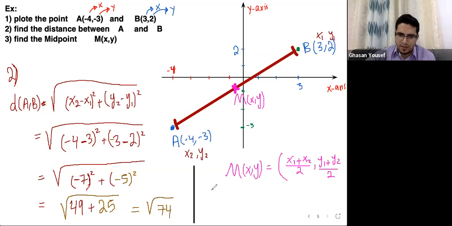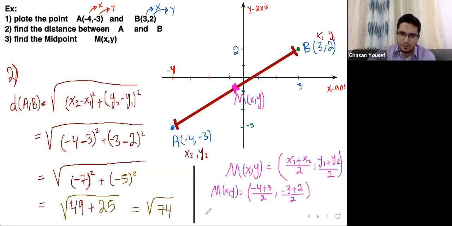Then you plug in the values: M of x comma y equals -4 plus 3 over 2, comma -3 plus 2 over 2. From this ordered pair, I get M of x comma y equals minus 1/2, comma minus 1/2. This is the midpoint.